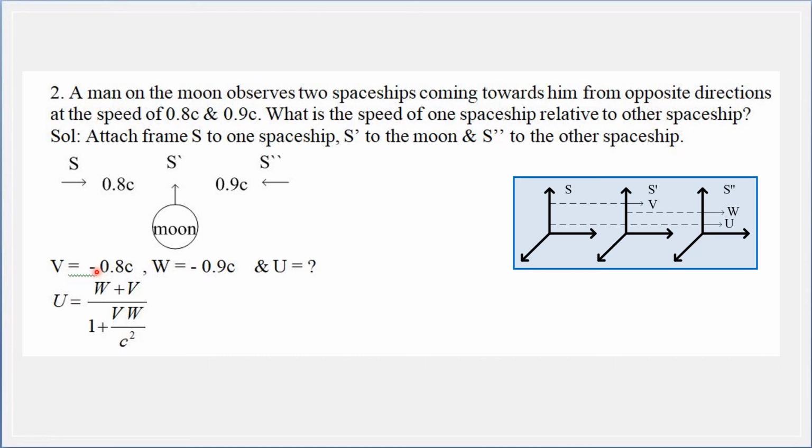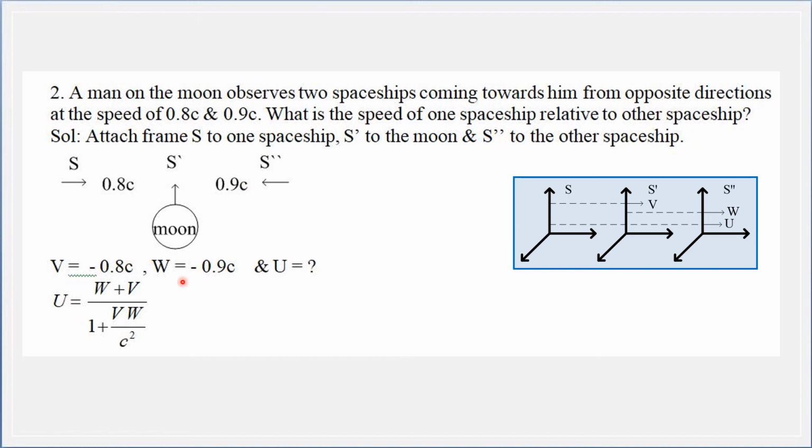Then next, see, the third frame S double dash is coming toward the S dash, toward this. See, for third and second, it is w, but the third frame is going to the right with respect to the second frame. But here, the third frame is coming toward the second frame, toward the left. So they are in opposite directions.